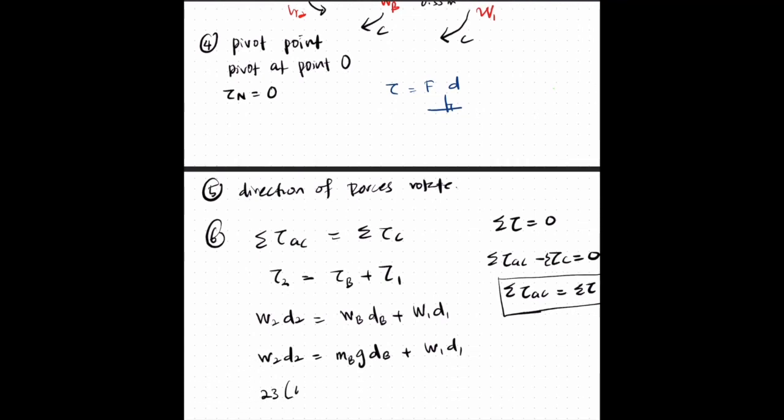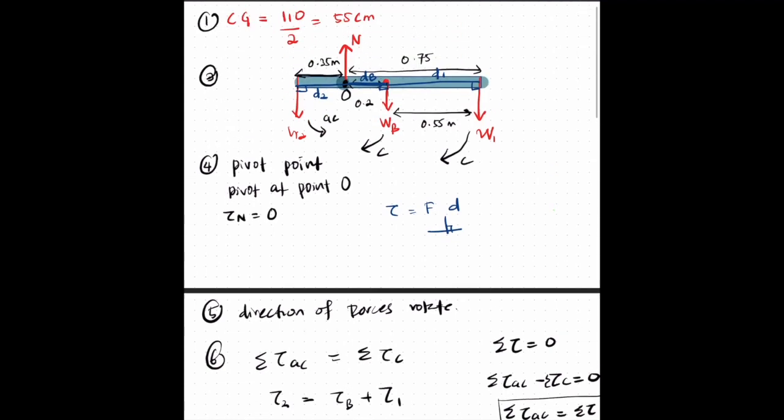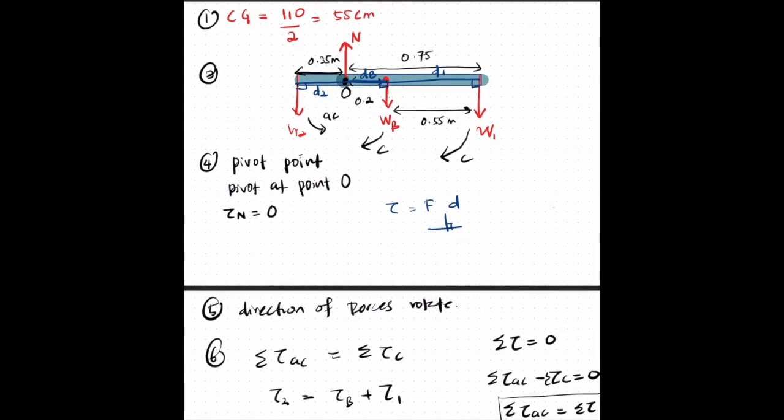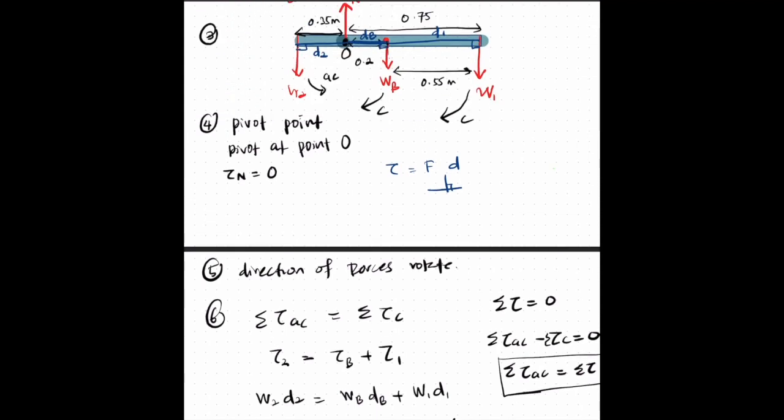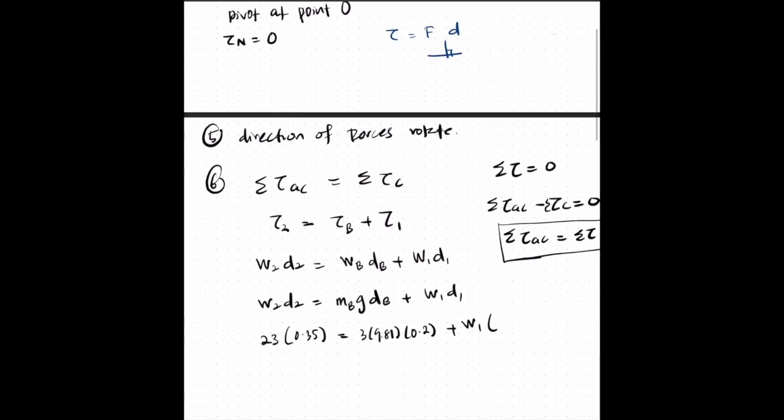That equals M, given 3 kg, times 9.81, times dB, from the axis of rotation to WB, is 0.2, plus W1 times D1, the length from the axis of rotation to this force, which is 0.75. Then when you calculate, you will get W1 equal to 2.89 Newton.